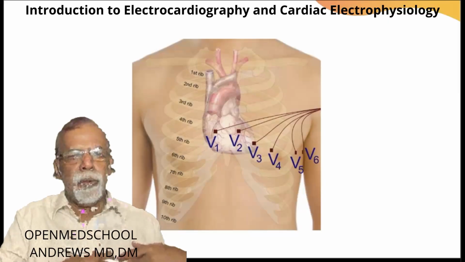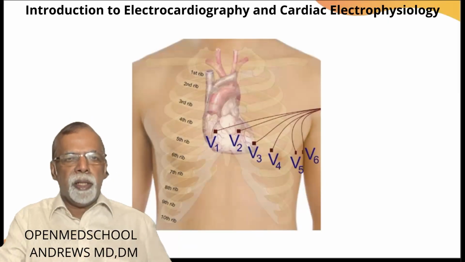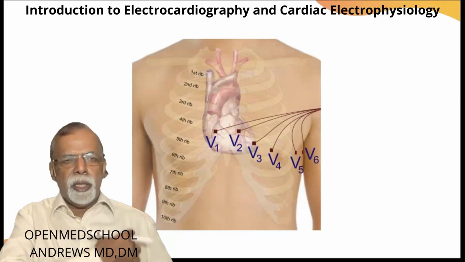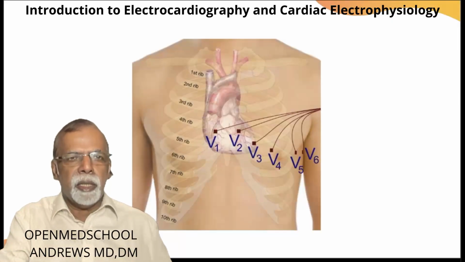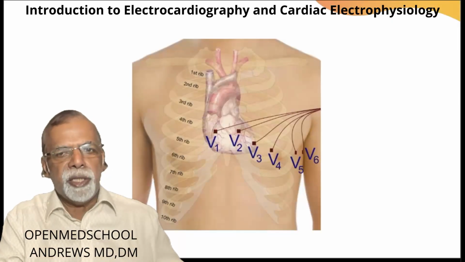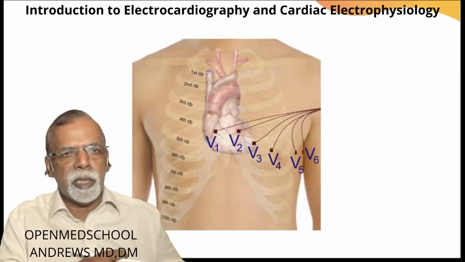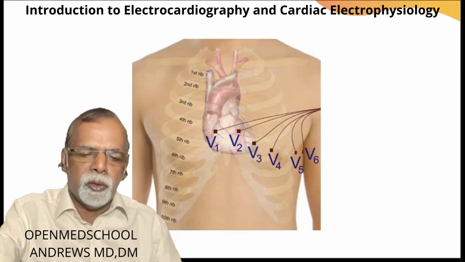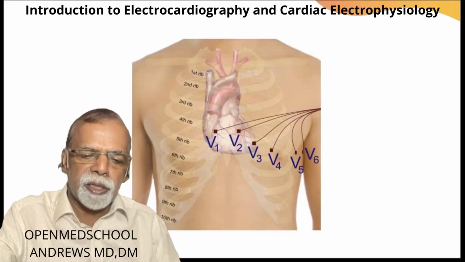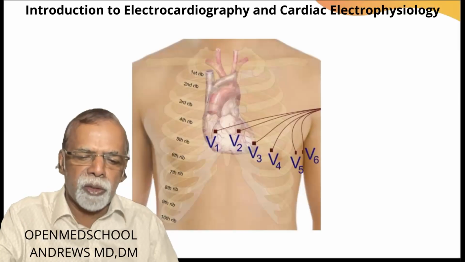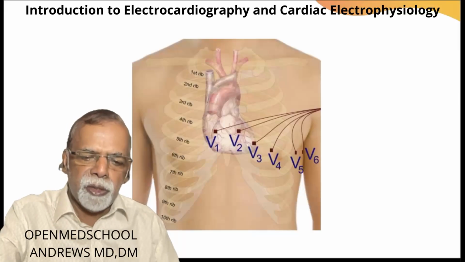V4 is in the fifth space in the midclavicular line. V5 is on the anterior axillary line again in the fifth space, and V6 is in the mid-axillary line fifth space. So V1 is on the fourth space on the right side, V2 same fourth space on the left side. This is in the fifth space in the midclavicular line. This is in the axillary line.